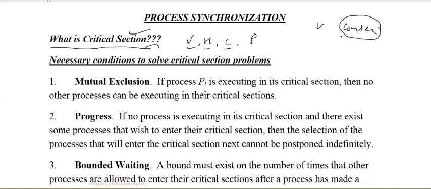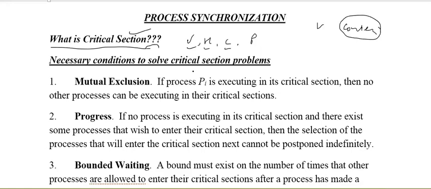It is a section where we put anything which is in sharing mode between two or more processes. So, how to ensure that my critical section is safe and secure so that we can avoid the problems associated with critical section?